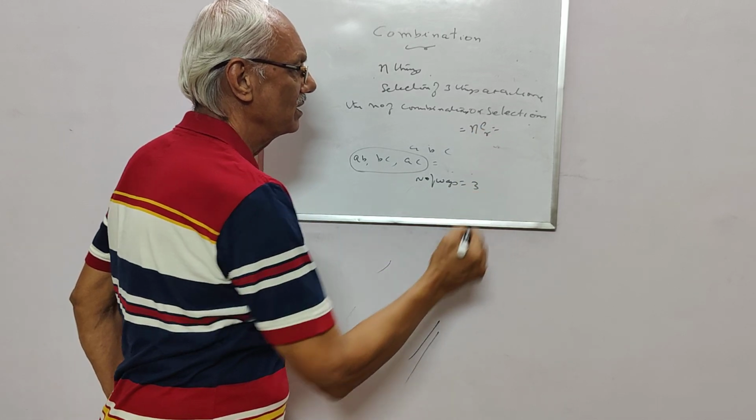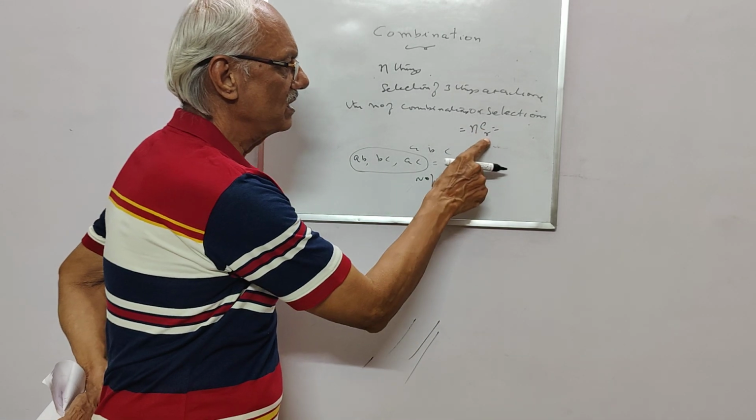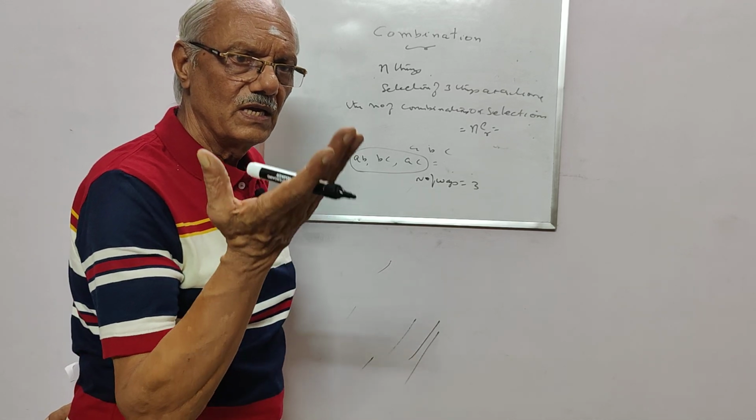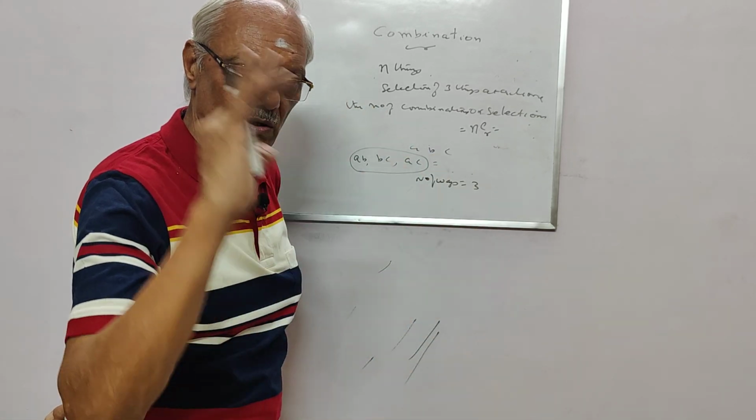We write it as what? The selection of n things taken r at a time.